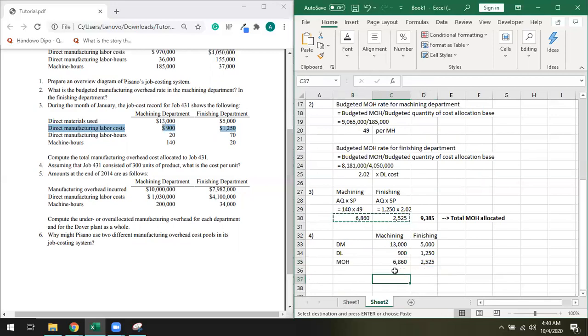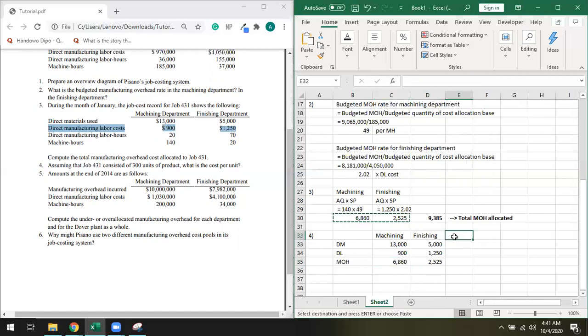So we have $9,860 manufacturing overhead cost for machining department and $2,520 manufacturing overhead for finishing department. Okay.